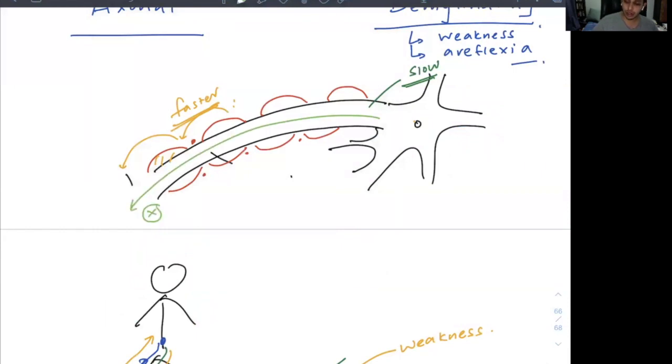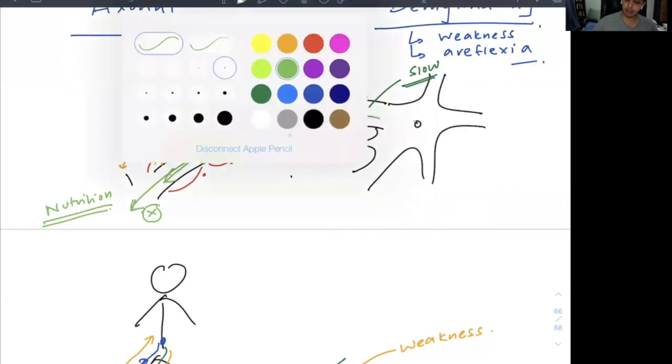Along with transmission, what is also going through is your nutrition. Because your axon is damaged, there is no transmission of nutrients to the distal part of the nerve.